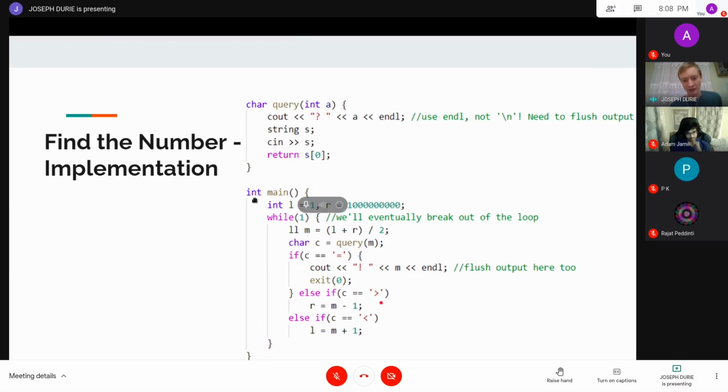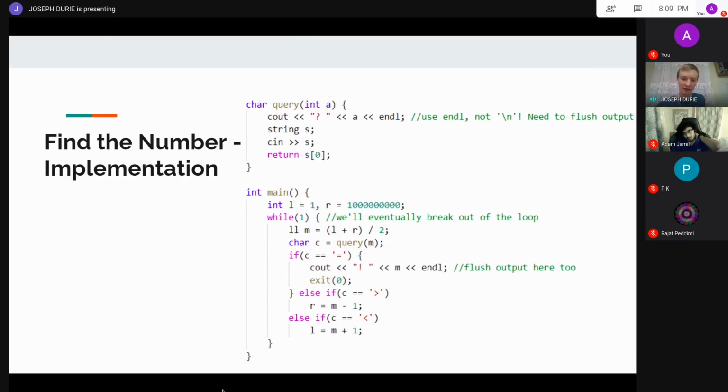Otherwise, if the element is too big, then we set R equal to m minus 1. And if it's too small, we can set L equal to m plus 1. So we're always going to shrink the range by at least 1. So this will always stop. It's not going to infinite loop.